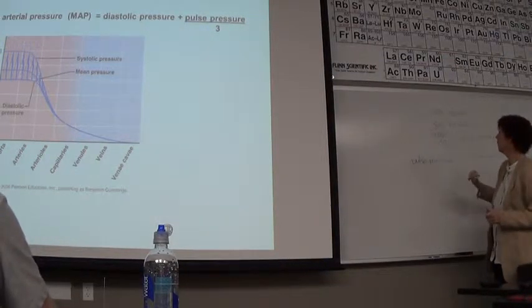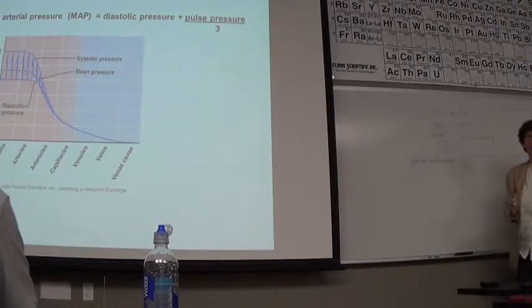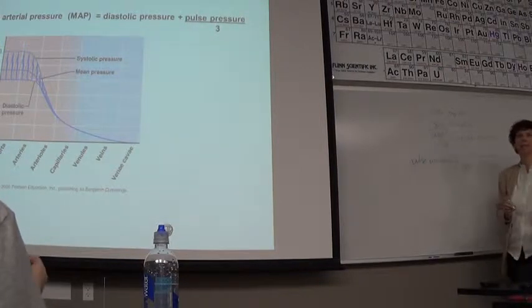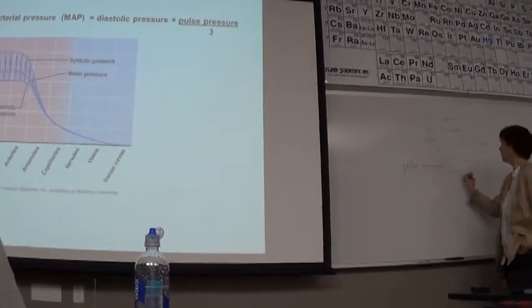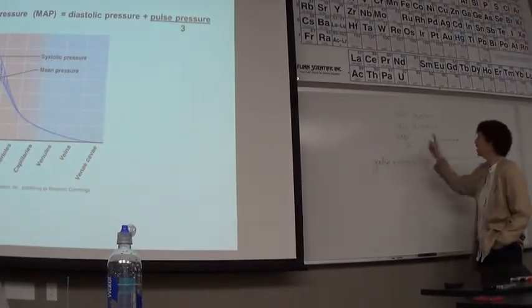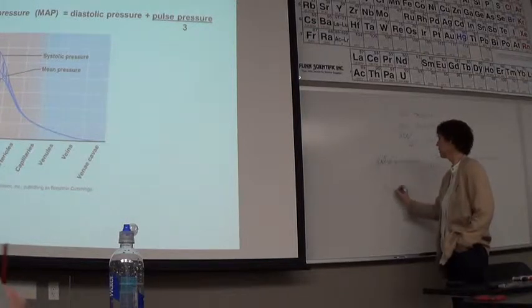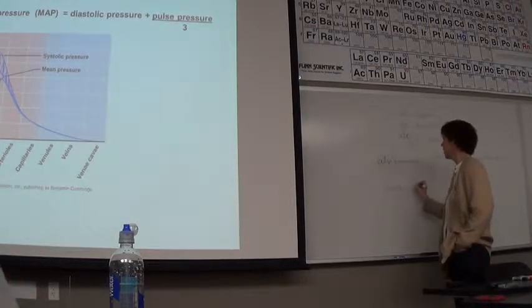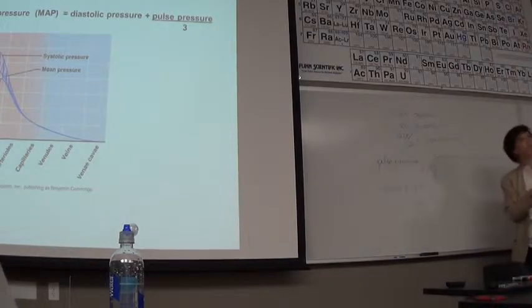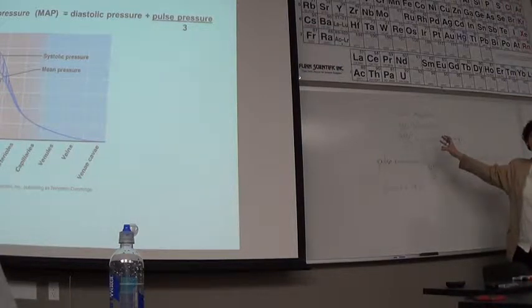So that would be equal to 40 in our example. 40 doesn't really divide evenly by 3, but it's about 13. Okay. So if we divide that by 3, we get 13 1/3. So if we take our diastolic pressure, 80, plus 13, then our mean arterial pressure is 93, which is just slightly lower than taking the average of the two.